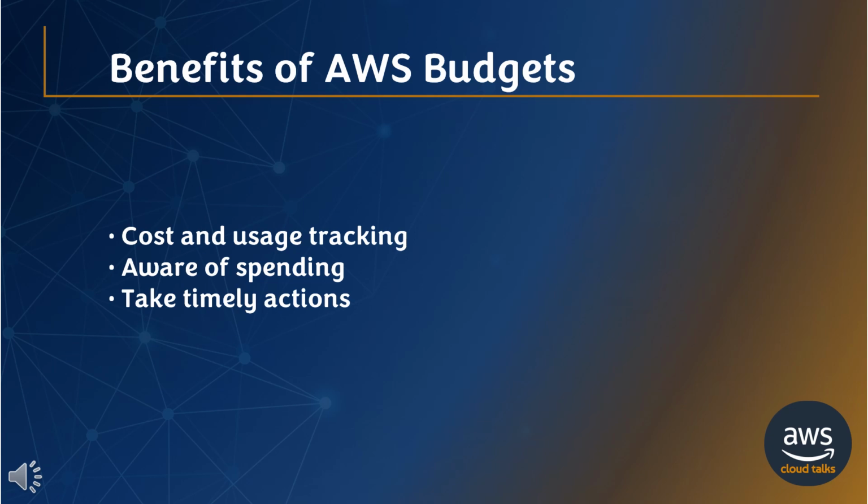Cost and usage tracking: you can track your costs, usage, and coverage with custom budgets. Awareness of spending: you will stay informed on forecasted spend and resource use. Take timely actions: you can create custom actions to prevent overages, inefficient resource use, or lack of coverage.